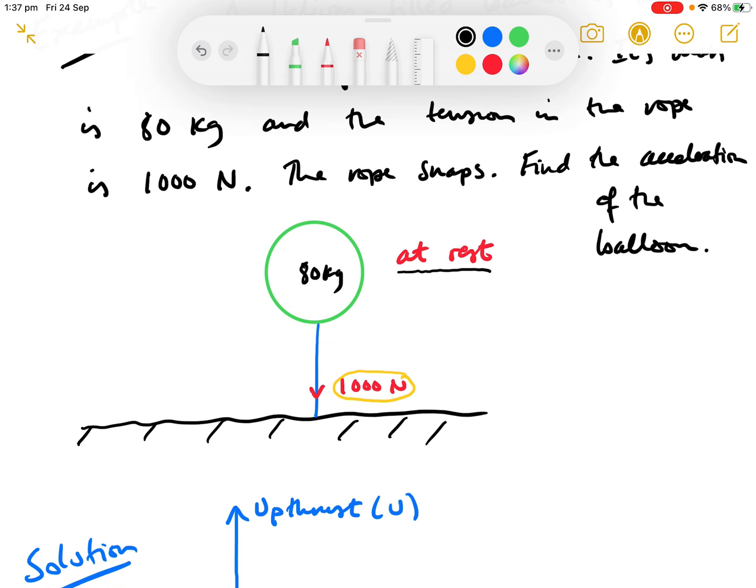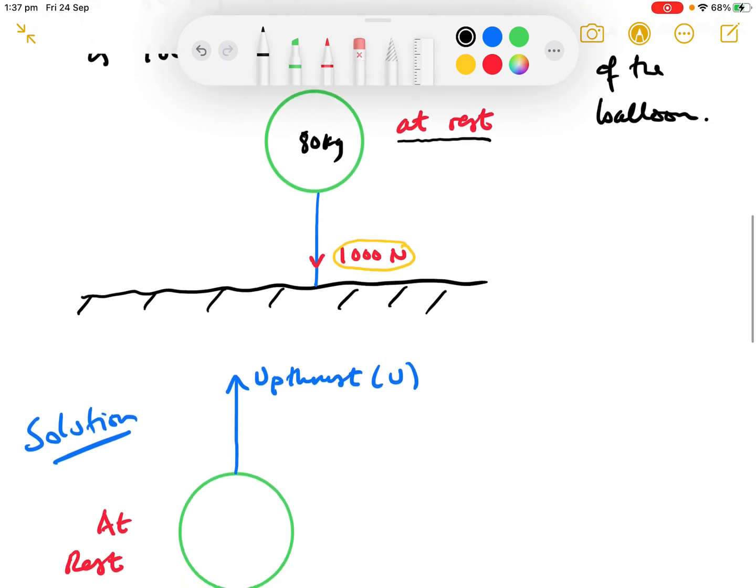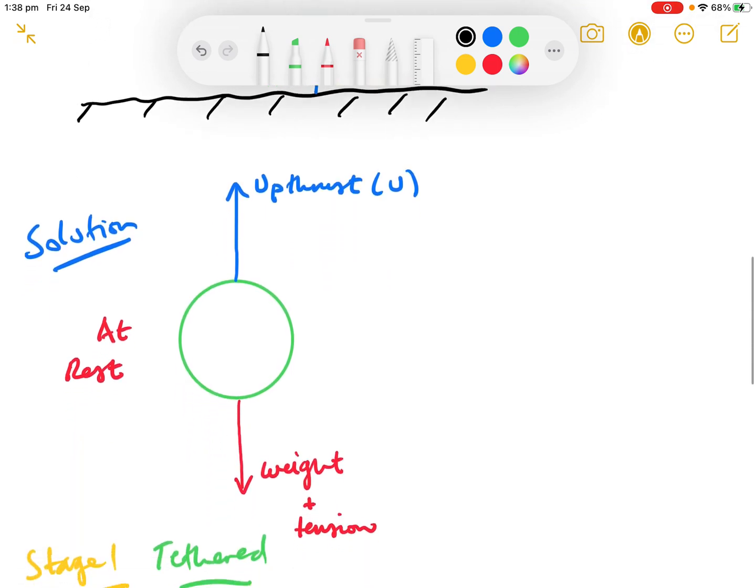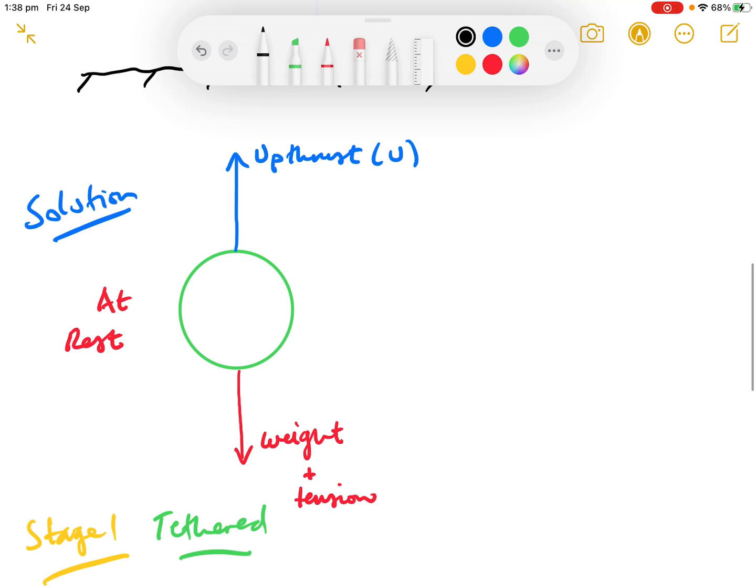So there's the scenario. What we now need to do to solve it, to find the acceleration once the rope snaps, is to begin with a free body diagram for the balloon when it's tethered. So stage one of our solution is to draw the free body diagram of the balloon in its tethered state.